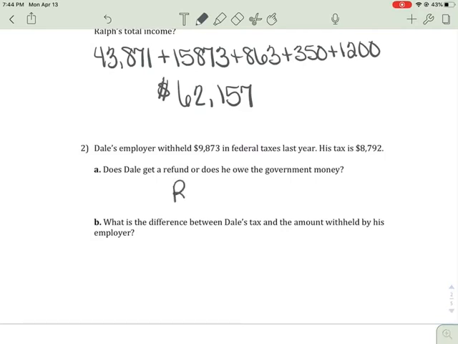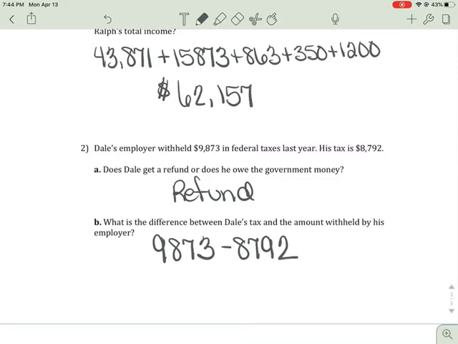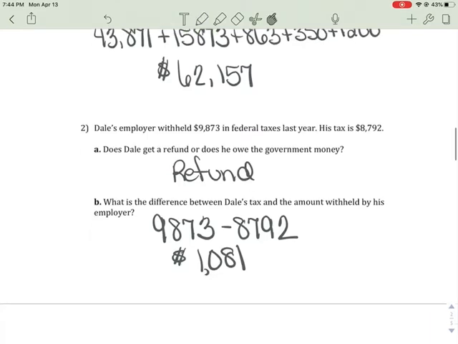So he gets a refund because he paid more than he actually owed. That difference between how much his employer paid and how much the government says he owes is going to be the amount of his refund. So the difference is $1,081. So Dale is more likely going to get that size of a refund.